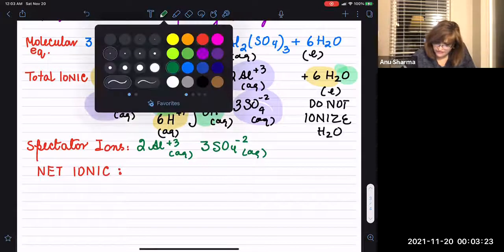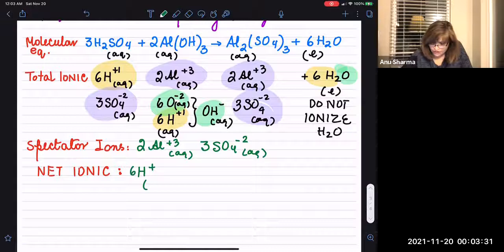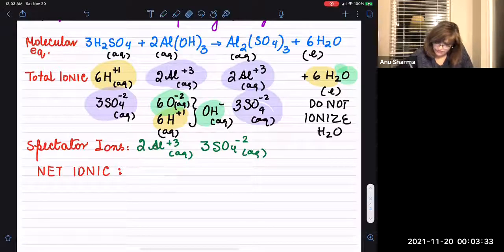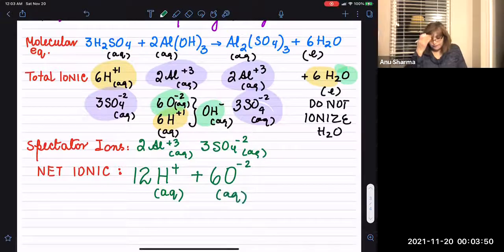Net ionic is hydrogen ion going from, and there are 6 of them, 6 hydrogen ions. No, sorry, actually there are 12 hydrogen ions, going from the aqueous medium, combining with 6 oxygen ions minus 2, aqueous medium, right?